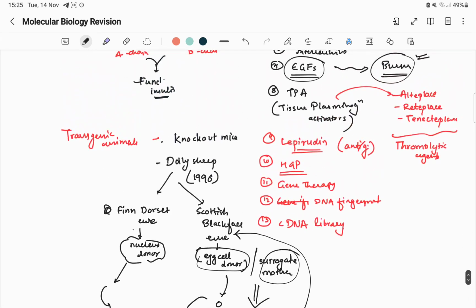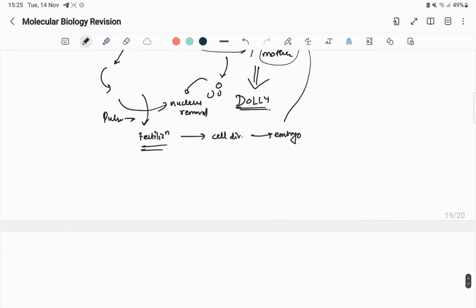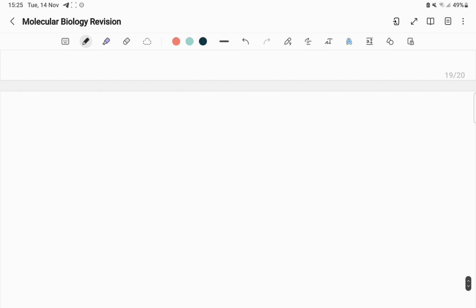So these were the applications of recombinant DNA technology. Next, related to molecular biology, is another biochemical technology called PCR, the polymerase chain reaction.